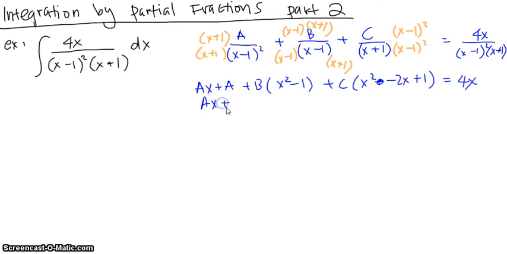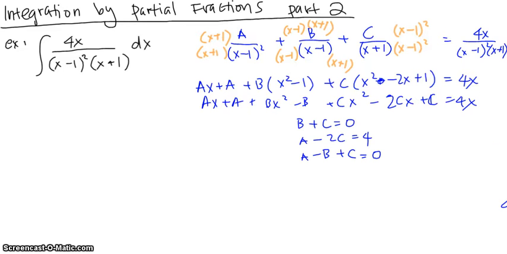Now, all of this, I won't actually make you sit there and watch it for me. But if I multiply all of this out and set all my equations equal to each other like this, then you'll see that A is equal to 2, B will equal 1, and C will equal negative 1.